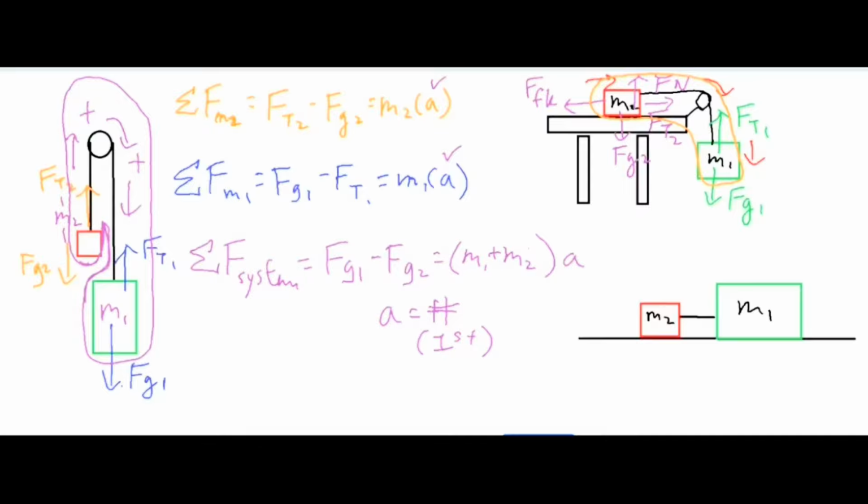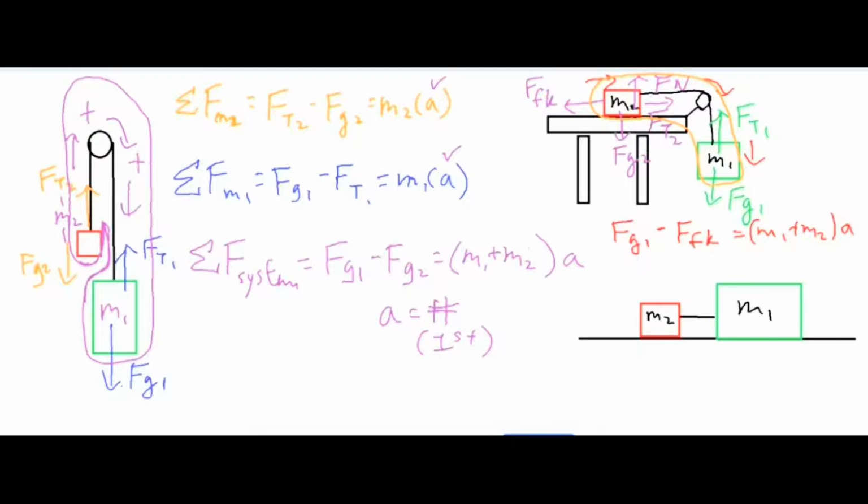But those two are canceling each other and not along the direction of the motion anyways, which would be over and then down. So what you would do is you would say that we have an Fg1 minus the FFK up above in purple, and that equals both of the masses combined times the acceleration.